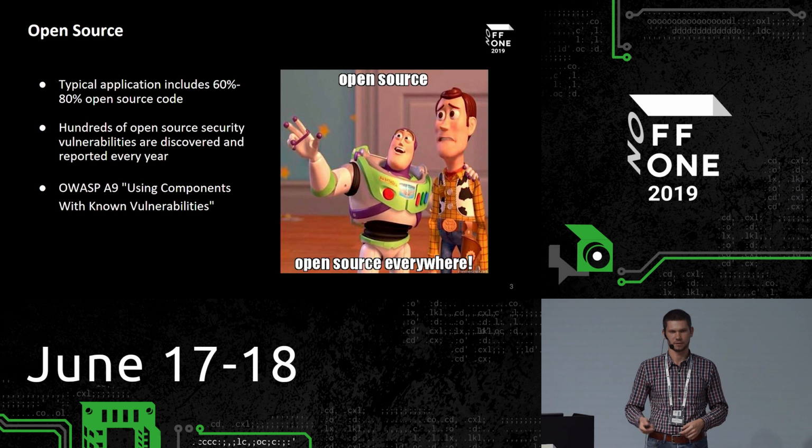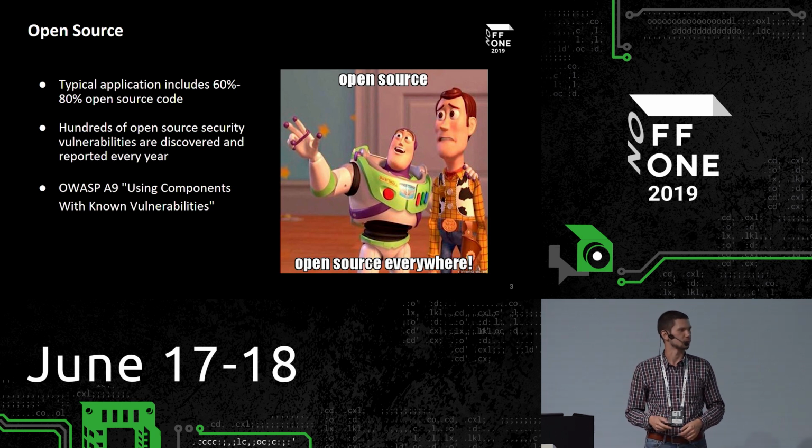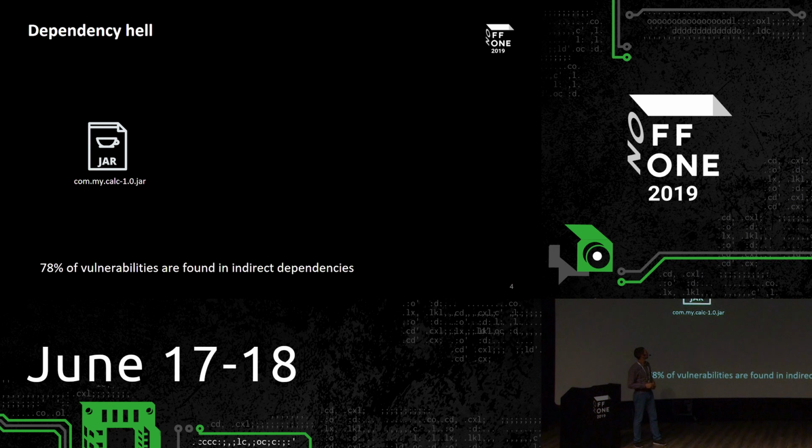Statistically, even a small application can contain up to 60% of open source. So this is a widespread occurrence, and OWASP A9 happens quite often.